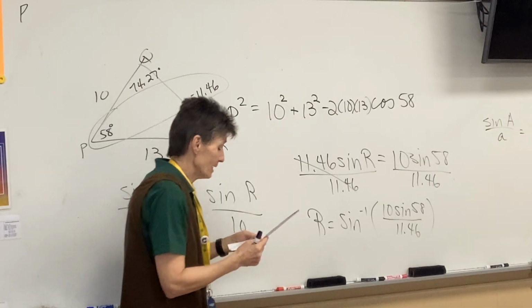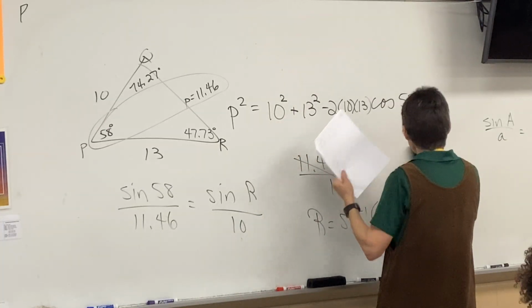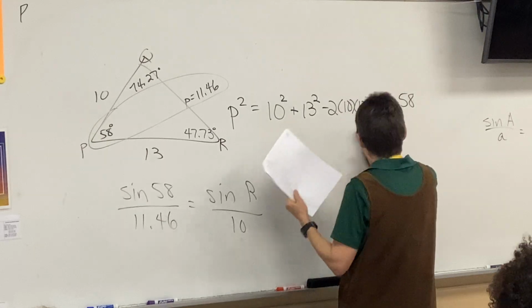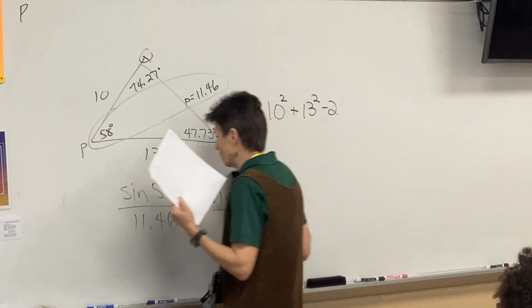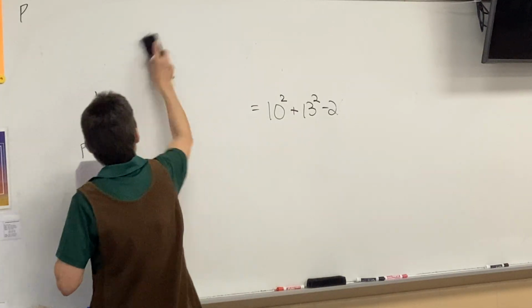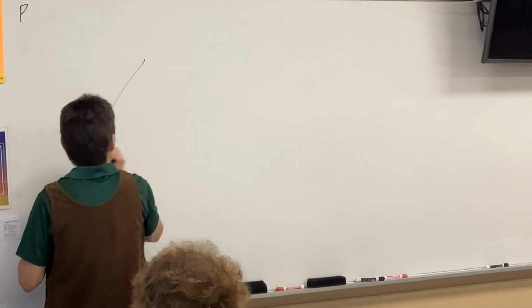Alright, let's look at letter C. We're going to come back and do B, but B is a little bit different. So I want to do C first because it is exactly like what we just did. So it's another chance to practice our law of cosines. Here we go.